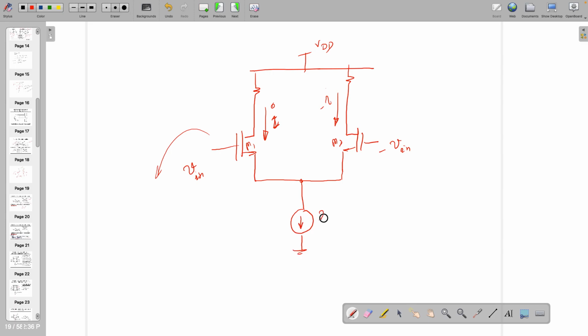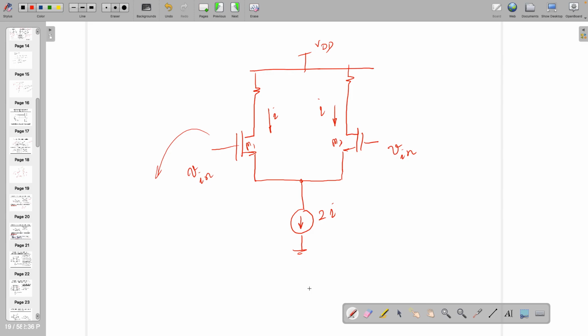Let's call that current 2I. And let's assume that both sides are identical. When it's identical, this is the same balanced network situation we have talked about, both sides are equal, so the current flowing through each of them is I, and the current flowing through this one will be 2I. So this is what is going to happen.